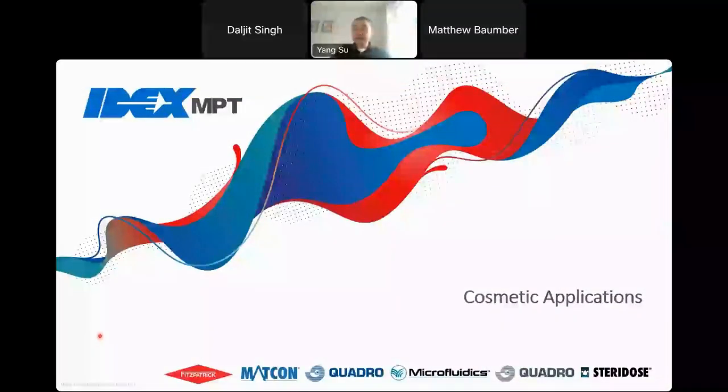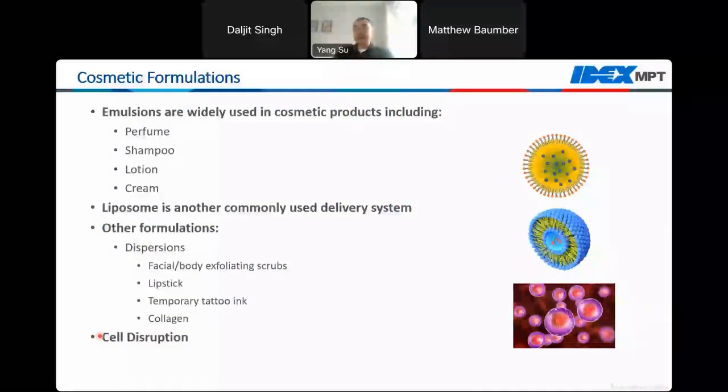Now, moving on to talk a little bit more about cosmetic applications. I listed here a few different formulations that are commonly used for the cosmetic industry or cosmetic products. I think the first formulation is emulsions. Everyone probably knows this very well, that emulsions are widely used in cosmetic products, including shampoo, perfume, lotion, cream, all kinds of different products.